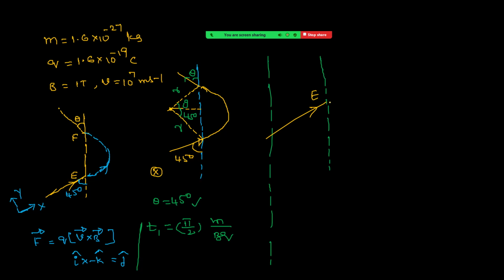That means now the circle will be like this. This is now the direction of velocity. The circle will be like this, it comes like this, and velocity outwards, coming outwards like this.